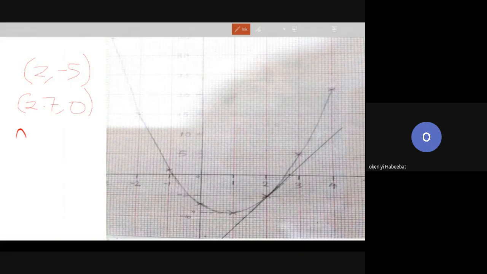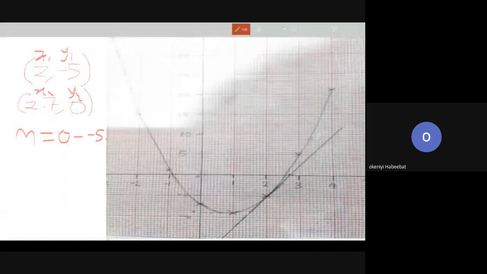So the gradient, the tangent at that point. I can call this x1, y1, and then this x2, y2. So that will be y2 minus y1 over x2 minus x1. y1 is -5, so 0 minus -5 over 2.7 minus 2.